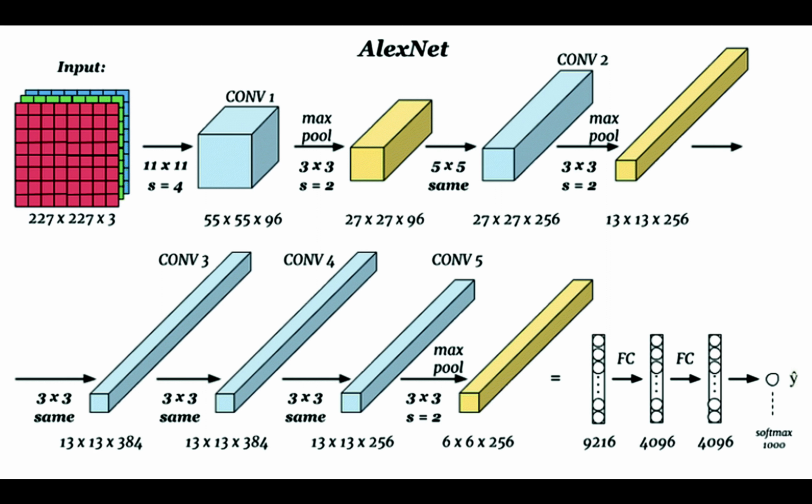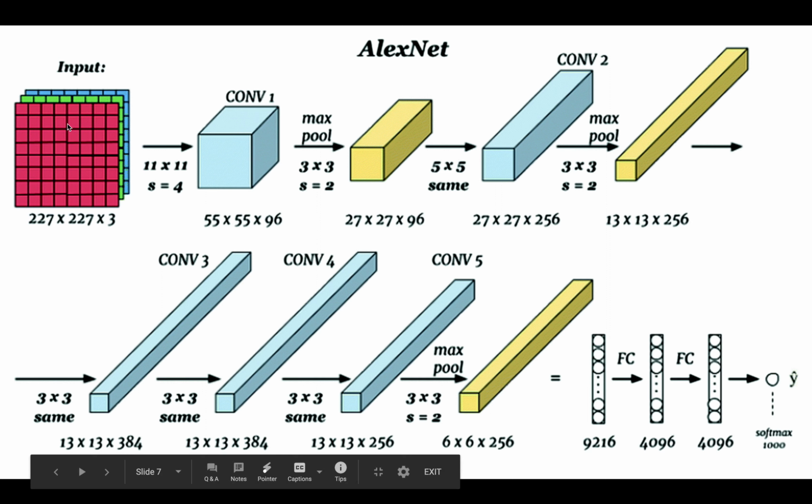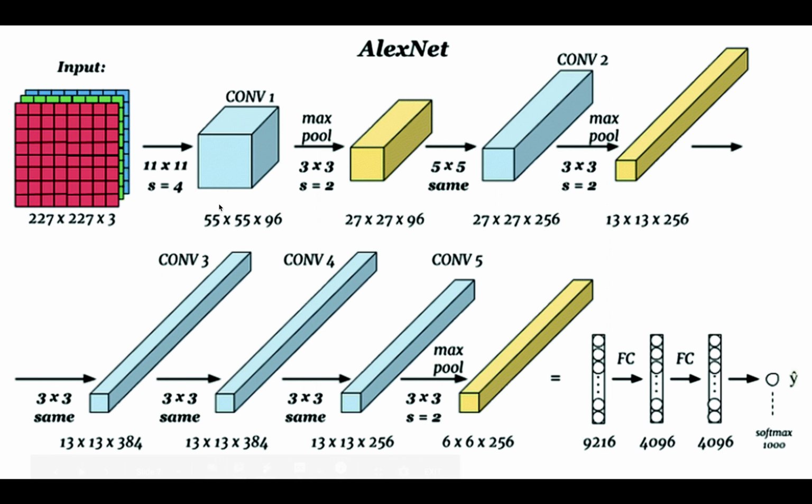In most networks the image size is 224 by 224, but AlexNet uses a fixed input size of 227 by 227 by 3 channels, RGB. They use a big kernel size of 11 by 11 in the first convolution layer, and the number of filters, the depth, is 96.